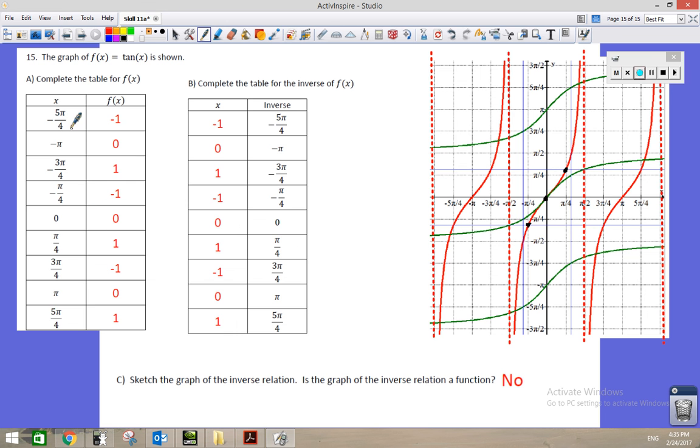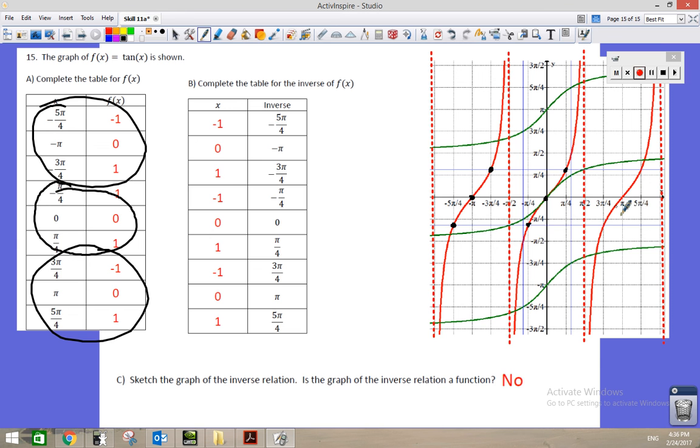So then that's in that first, that's these 3 points. Then if you look at these 3 points, they're over here, right here, and right here. And if you look at these 3, they're over here, this, and this, and this.